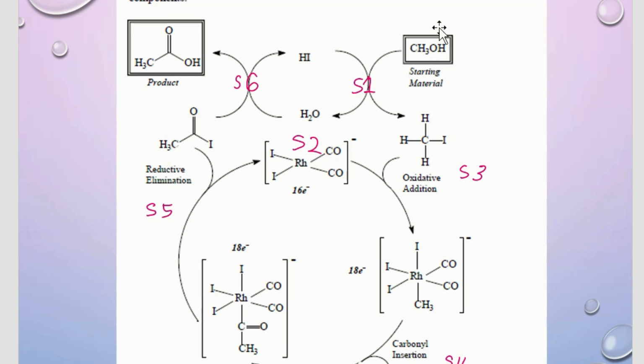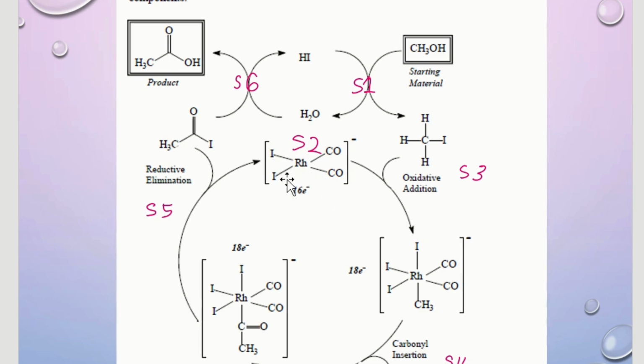For the second step, the production of our catalyst compound: rhodium with cobalt, CO, carbon monoxide, and iodine.